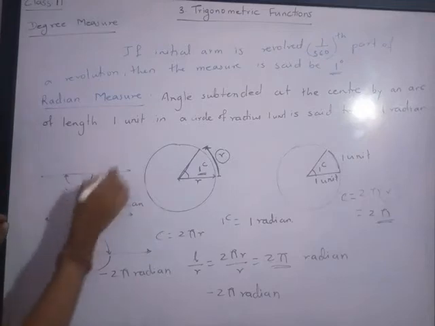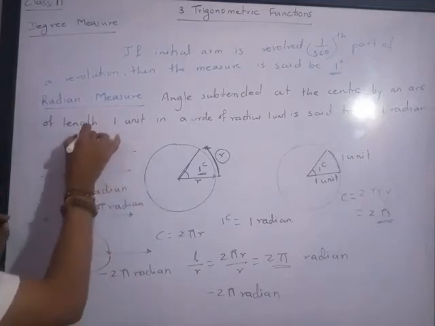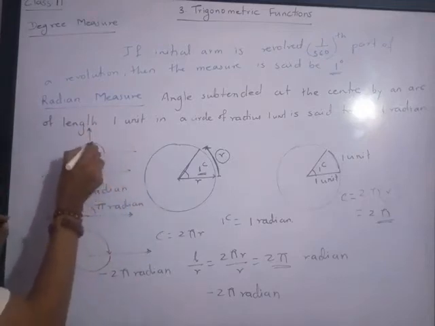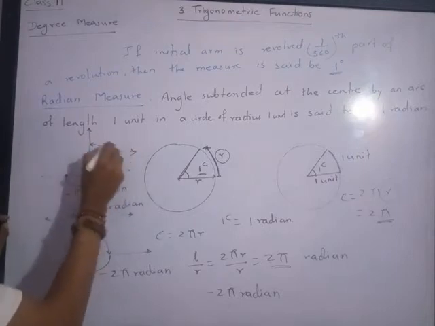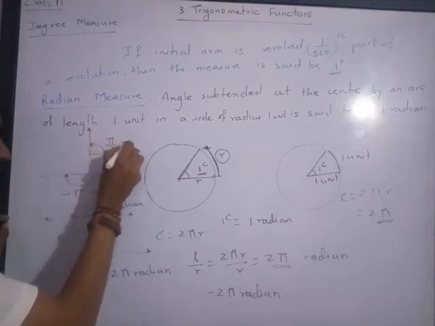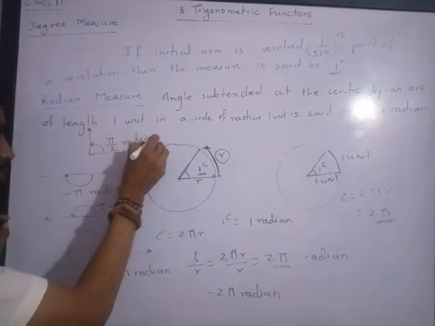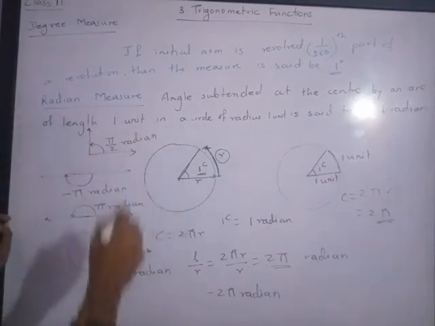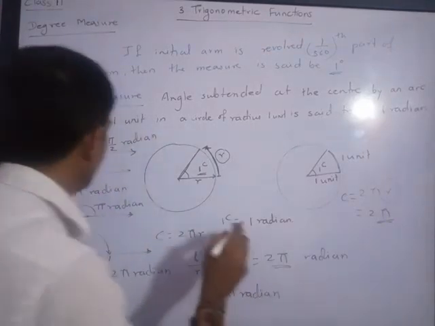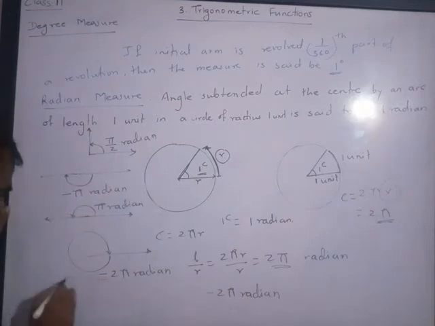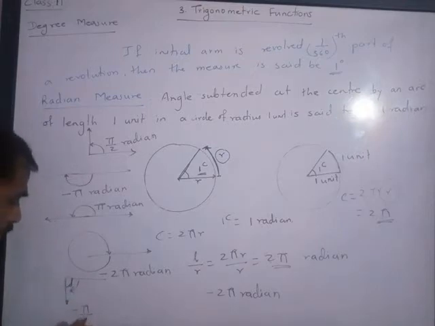So a 1/4 circle in anti-clockwise direction is equal to pi by 2 radians. And if the initial arm is rotated in clockwise direction of 1/4 of the circle, then we get negative pi by 2 radians.